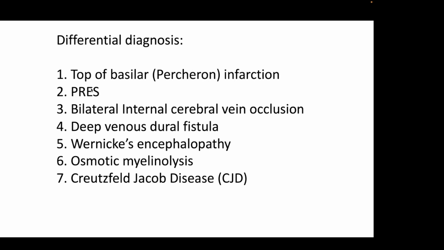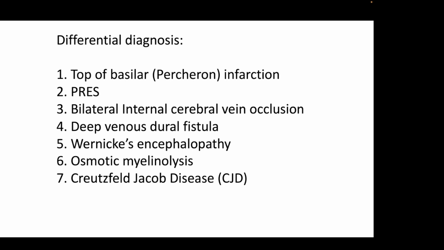Occasionally, patients with PRES, which is usually associated with medication and hypertension, can be manifested in both thalami. Don't forget the venous system. Bilateral internal cerebral vein occlusion or straight sinus occlusion can manifest as venous hypertension in both thalami.